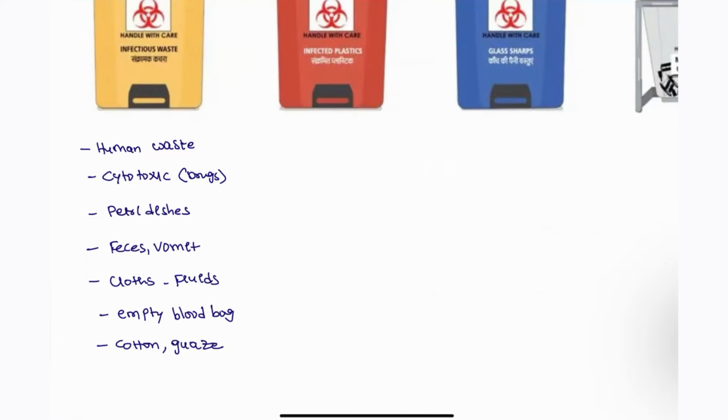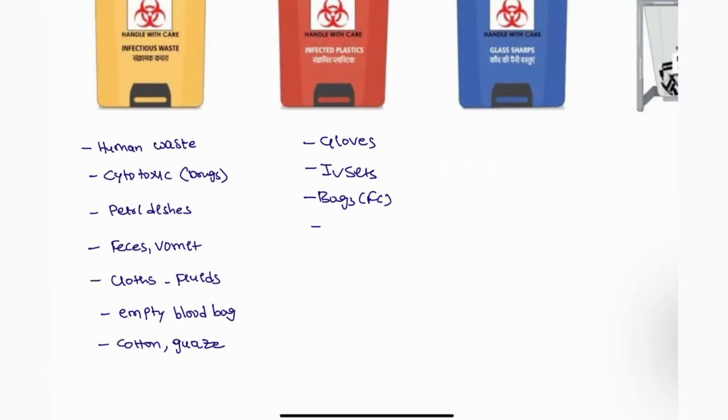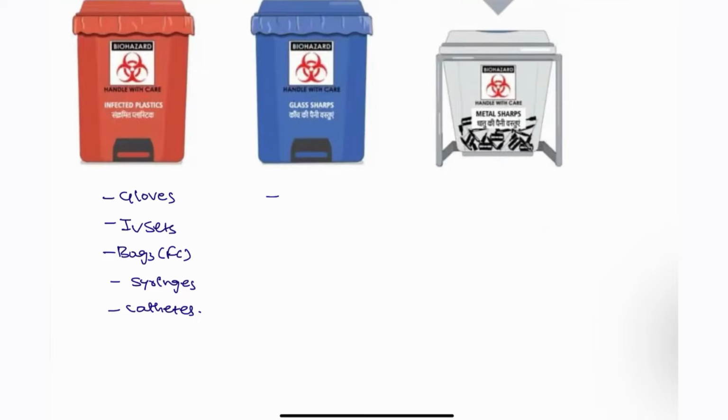Next, coming to the red color, we are going to throw gloves, IV sets, bags, such as urinary bags, Foley catheters, IV cannulas, and syringes. Different types of catheters are also thrown here. Next, blue color is going to be mostly glass, broken glass, or discarded glass items.